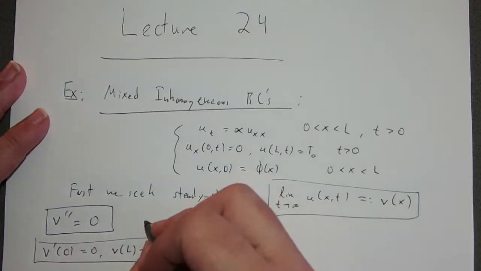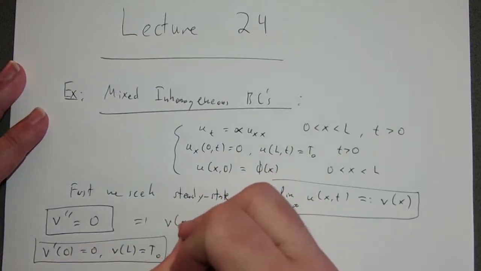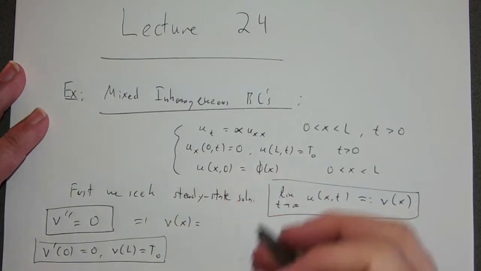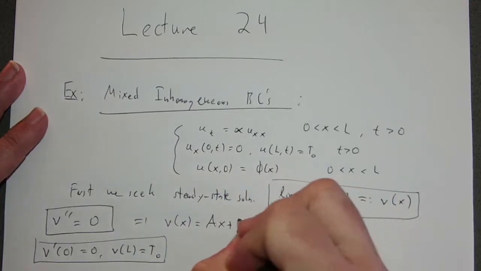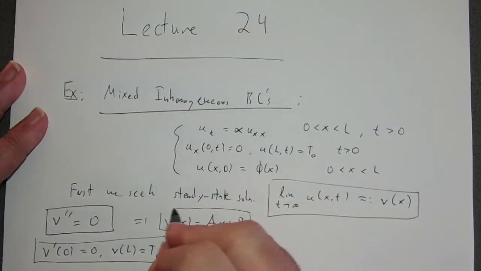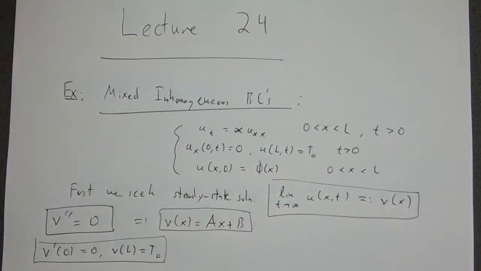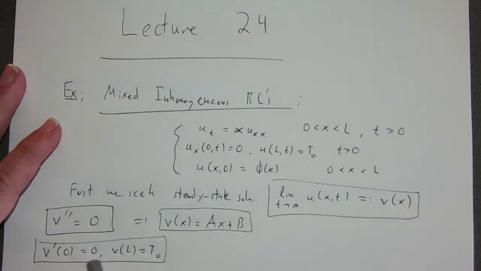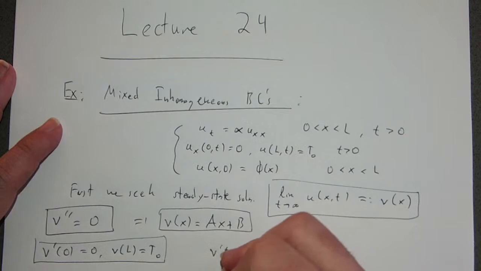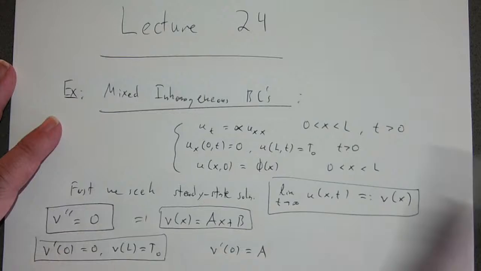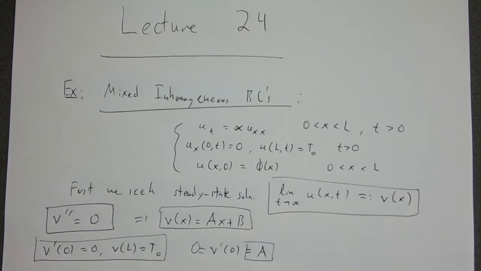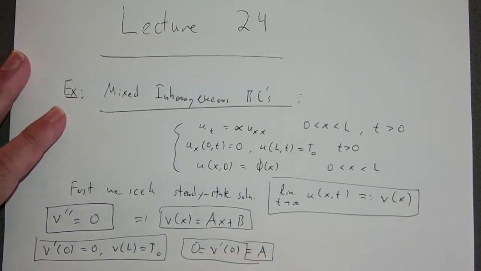So the general solution of this ODE is v of x equals a constant times x plus a constant, we'll say Ax plus B. But then these conditions: v prime of 0 is A. But I know that v prime of 0 is also 0 from this condition, so A has to be 0. Maybe I should box this whole thing.